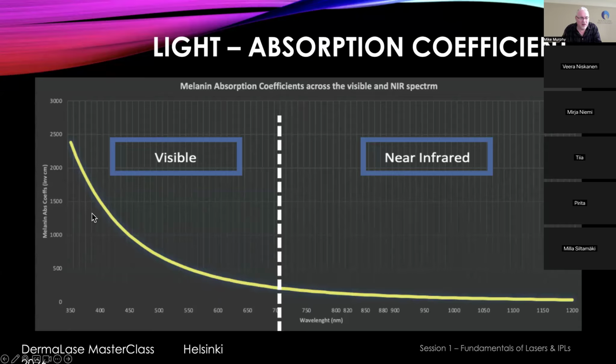Ultraviolet photons have very high energies, and that energy is extremely disruptive in DNA and RNA. It'll tear apart the proteins and cause mutations. That's why we get skin cancer from too much ultraviolet exposure. So the melanin absorption down at this part of the spectrum is very high to stop that ultraviolet light getting into the dermis. But as you go up through the wavelengths, 400 is visible, up to about 700, which is the top end of the visible spectrum, then you can see that the absorption by melanin drops significantly, because by the time you get to 700 nanometers, the photon energy is much lower.